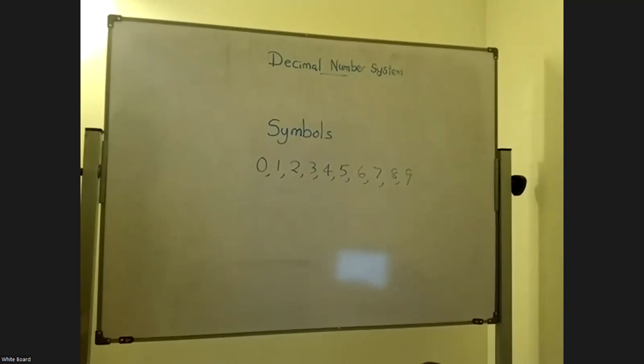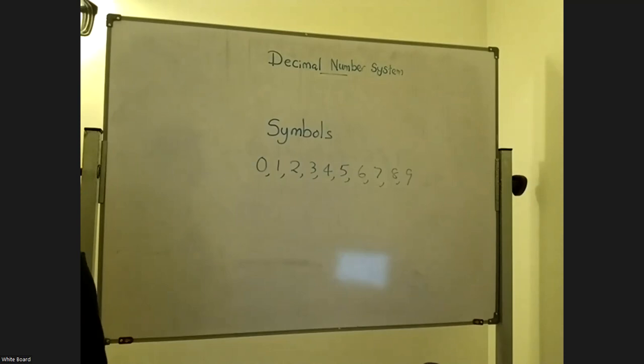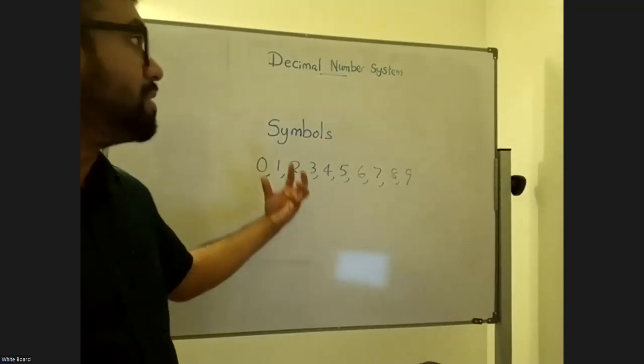Done, sir. Done. Right. Other two? Thanks. Okay. So these are the symbols that we use to write the decimal numbers.